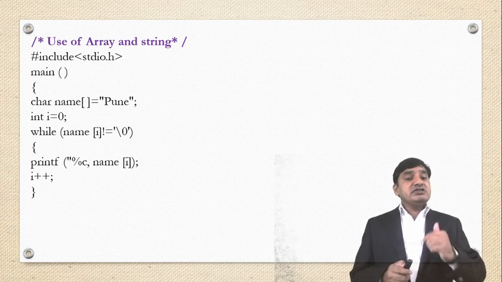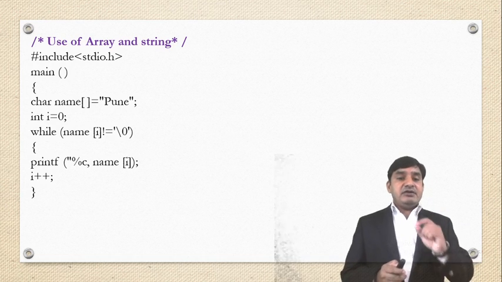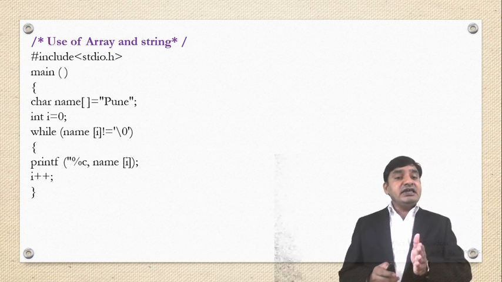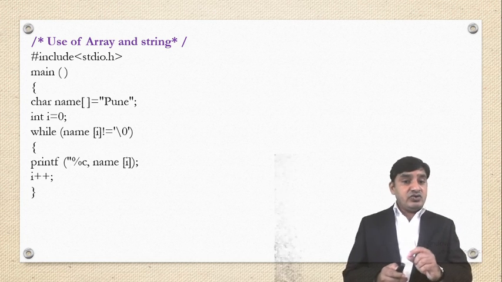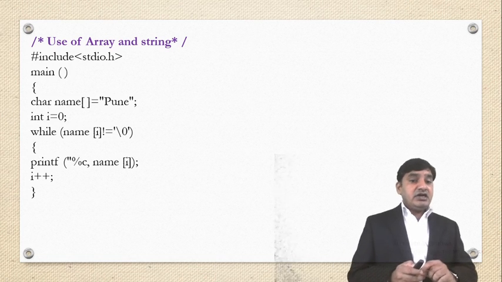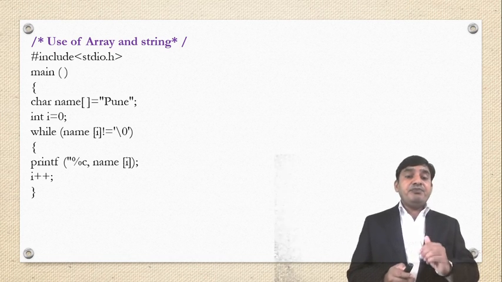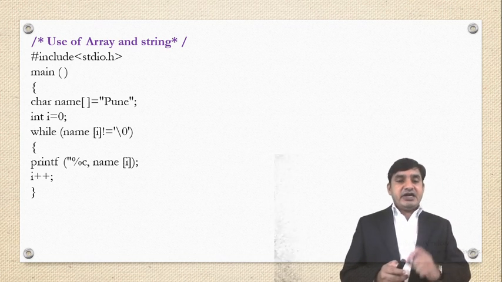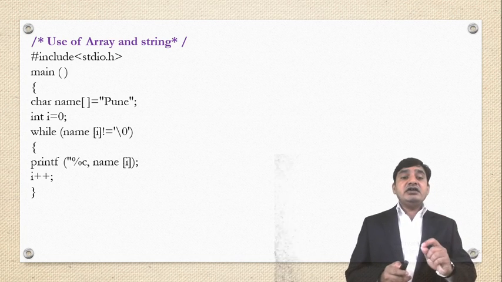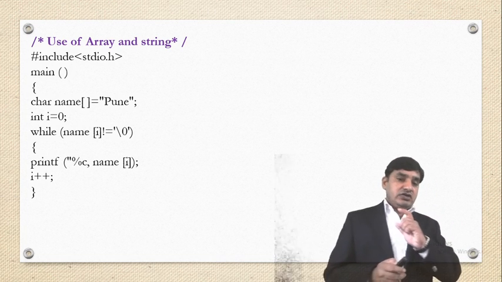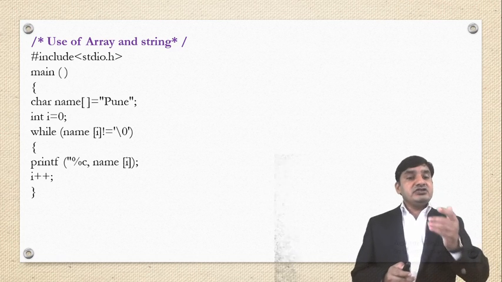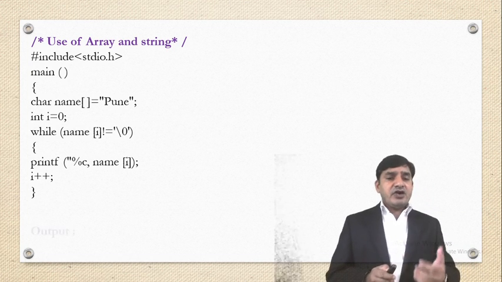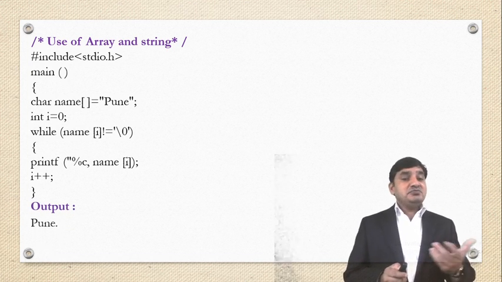Because it is a character. Name[i], i is 0 and it is incremented as long as this condition is satisfied, that is name[i] is not equal to \0, given the size of the array, that is 4. Now the output is very simple: Pune.